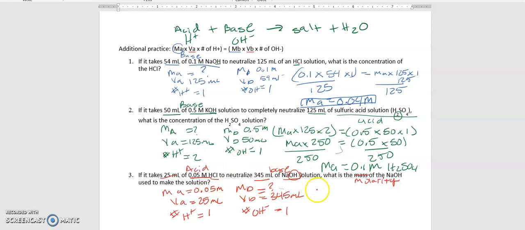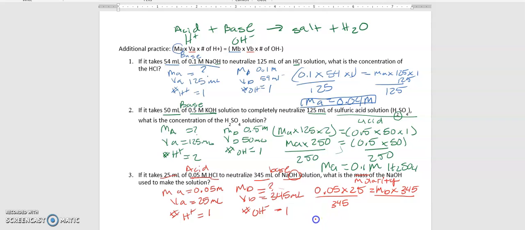So 0.05 times 25 equals molarity of your base times 345. I'm going to divide both sides by 345.